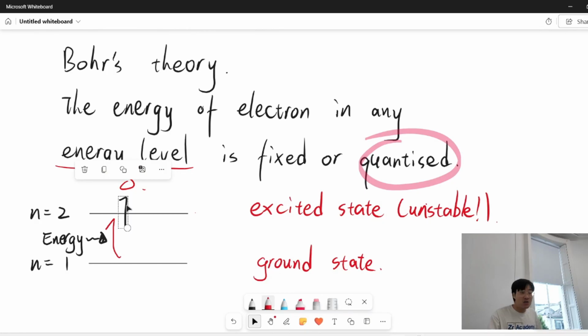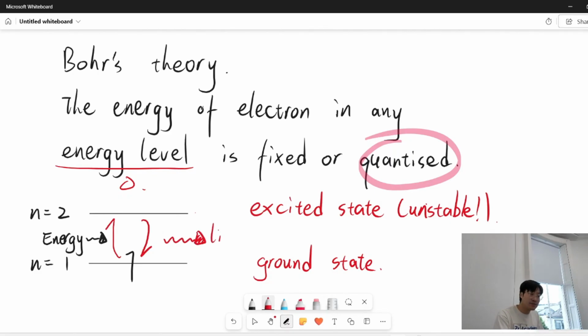Thus, the electron tends to go back to the n equals 1 energy level while releasing a beam of light. So you may argue that this is a photon emitted from this model. But anyway, this video only focuses on Leaving Cert, so we don't explore this idea too much.